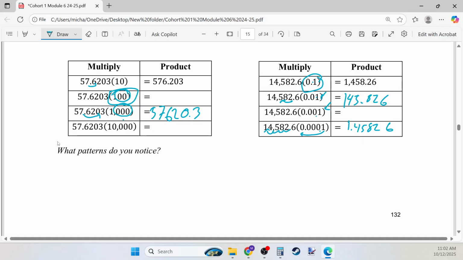The pattern is multiplying by powers of 10 moves the decimal point 1 spot for however many tens you're multiplying by or however many tens you're dividing by.